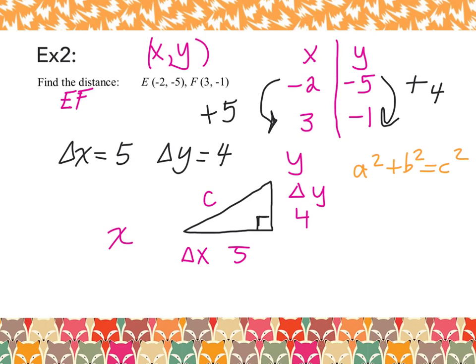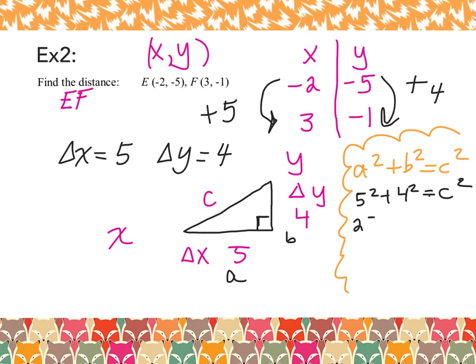I'm going to partition this off so it doesn't get too confusing. I'm going to do the work here in black pen just so that it shows up. So a squared plus b squared equals c squared. It doesn't matter which of these I identify as a and which I identify as b, as long as the hypotenuse is c. So 5 squared plus 4 squared is c squared. 5 squared we know is 25. 4 squared is 16.